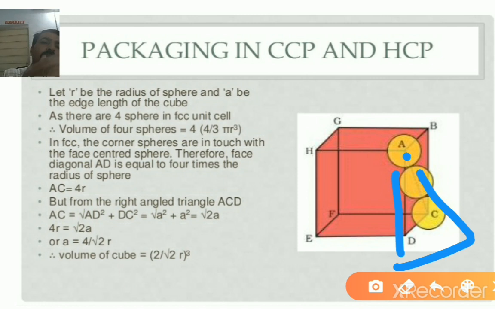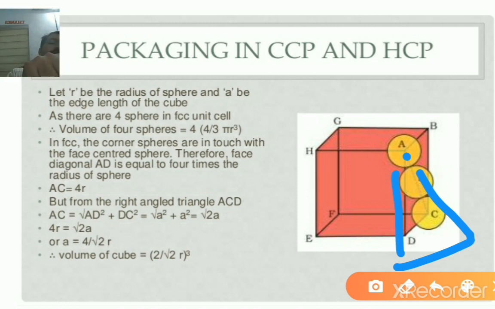By using the Pythagoras theorem in triangle ADC, AC square is equal to AD square plus DC square. AD and DC are both the edge length of this cubic array.